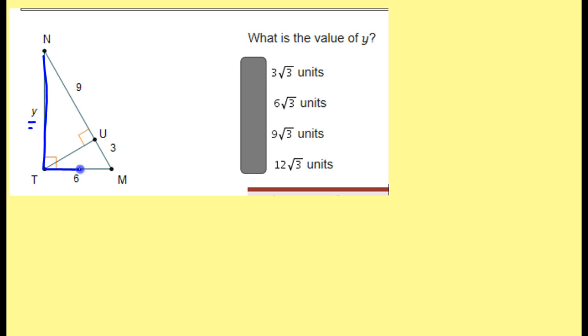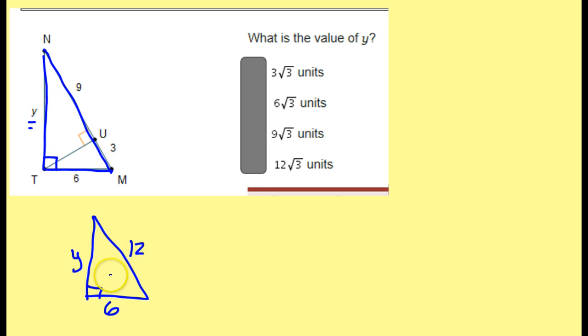We're given this leg of the right triangle, and we're given the hypotenuse. We've got this right triangle. We're supposed to find y. We know that this is 6, and we know that the hypotenuse is 12 if you add up the 9 and the 3.